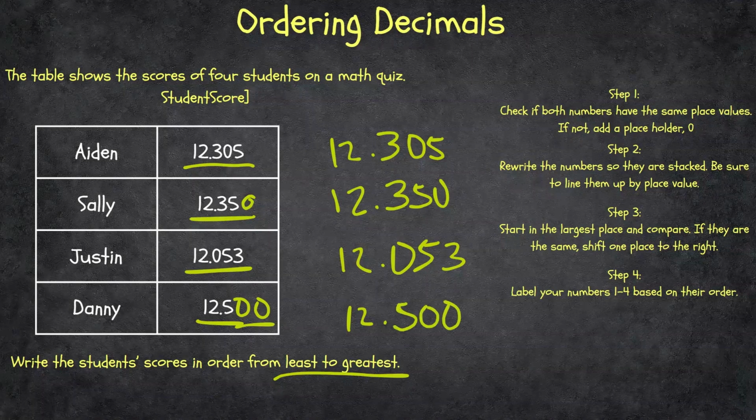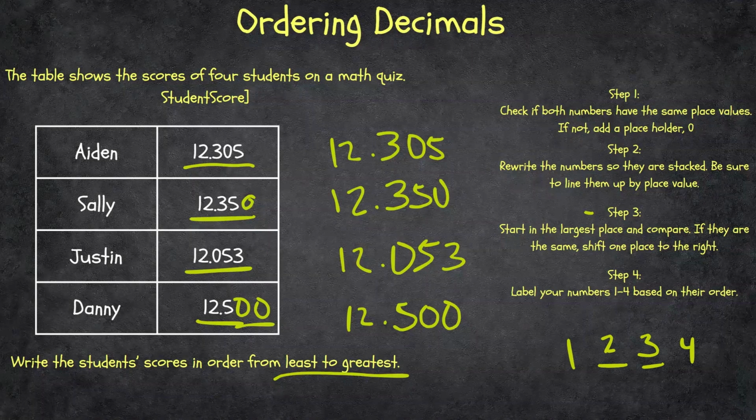So that's going to be step 3, writing those down. Now I'm ready for step 4. I'm going to be comparing these place values, and as soon as I see a difference, I'm going to start to see where I'm going to label my least number with the number 1. Where can I start labeling my greatest number with the number 4? And then I'm going to start to see where I can fill in positions 2 and 3.